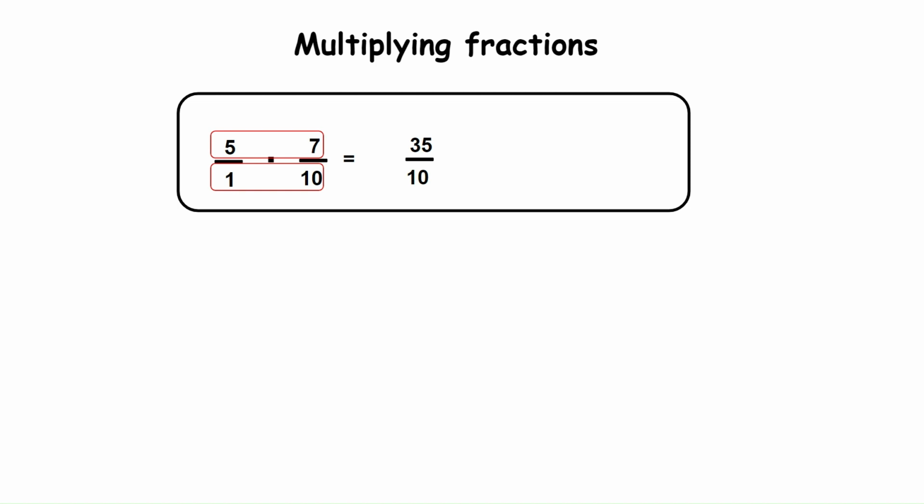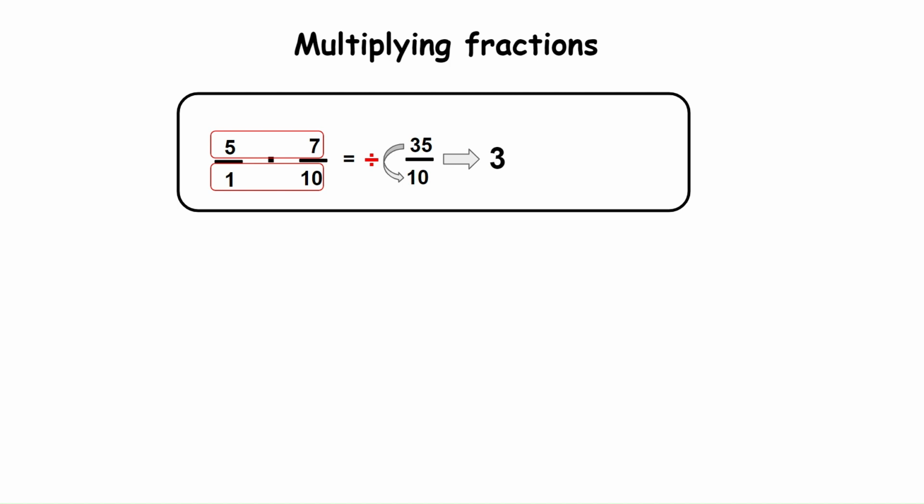Now, this is an improper fraction. As you remember, improper fractions are fractions where the number on the top, the numerator, is greater than the number on the bottom, the denominator. So we need to divide. 35 divided by 10 will give us the whole number of our mixed fraction, and that will be 3, because 10 goes into 35 3 times.